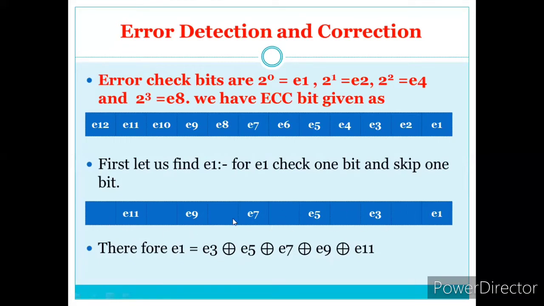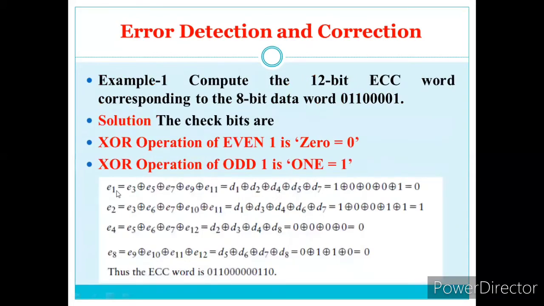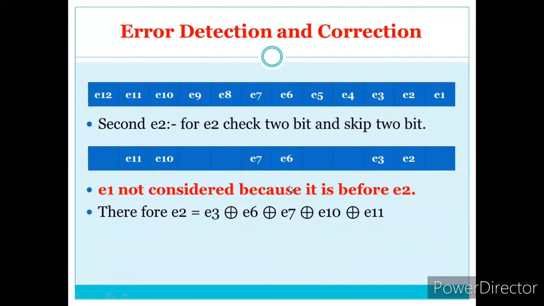So E1 we have to write on the LHS, and for the remaining ECC bits, we have to perform the exclusive OR operation of these: E3, E5, E7, E9, E11. So this is the E1 operation that we have. If you observe, E1, E3, E5, E7, E9, E11. So what is this? The respective data that we have. We'll check that out.